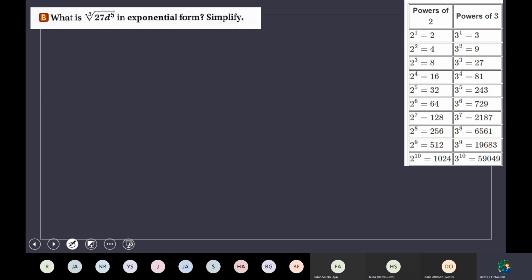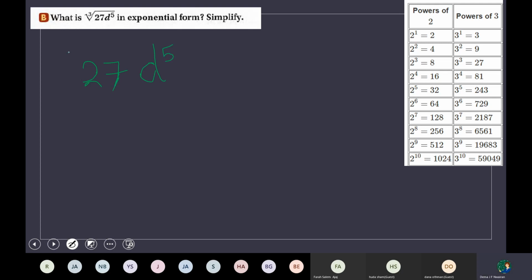Now, let's do B. In B here, we have the cube root of 27d raised to the power 5. Now, write the 27d raised to 5 as it is.